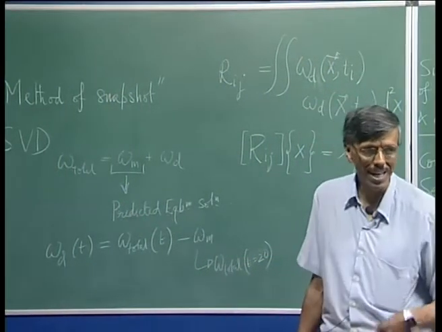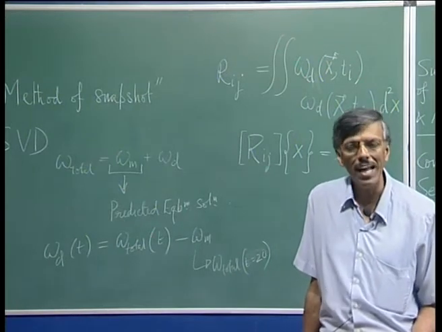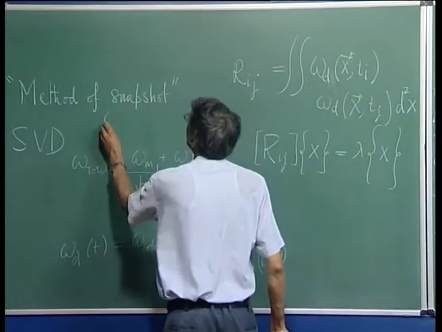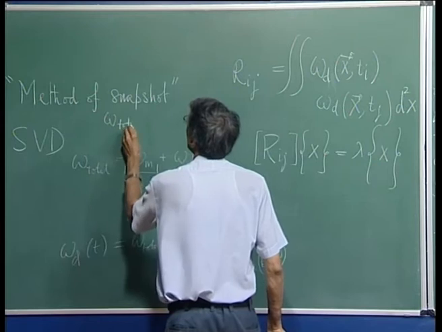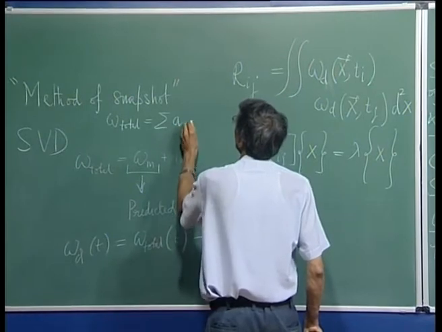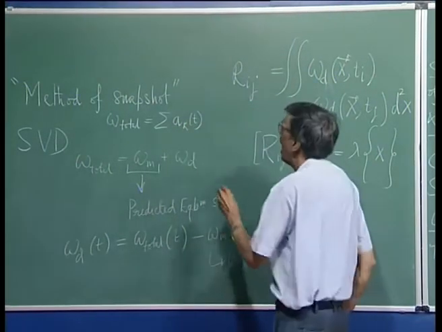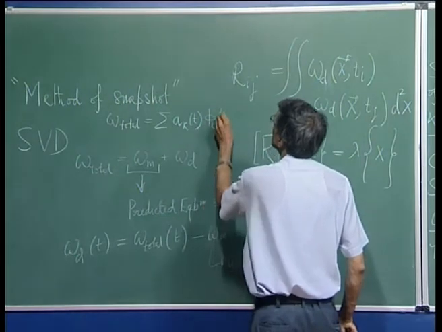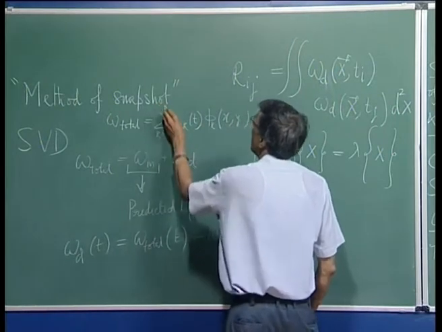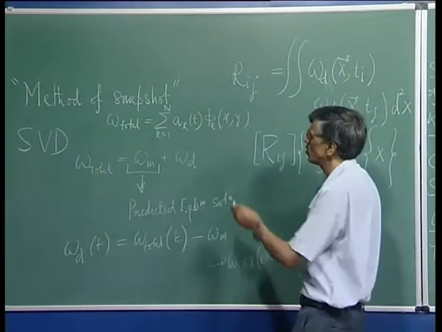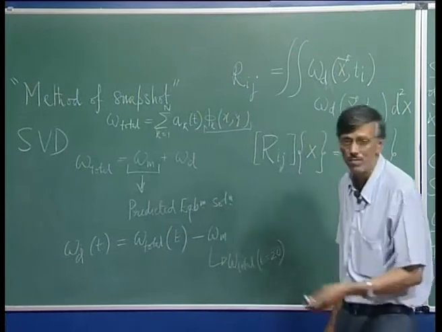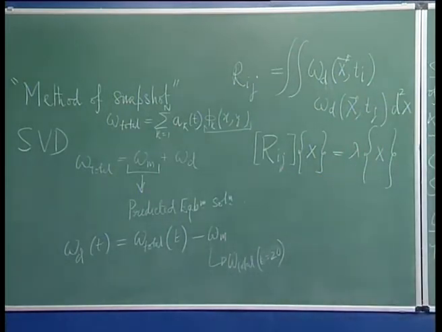So if I now get the spatial modes, I can actually, since omega total is written as a summation of, let us say, a time dependent function and the eigenfunction, which is a function of let us say x and y, and k goes from 1 to n, then what we are talking about is that the POD analysis helps us get these spatial dependent functions, like what we plotted in the previous transparency.